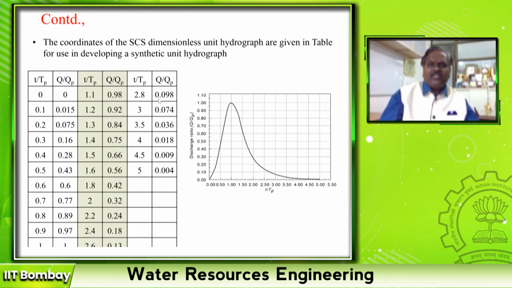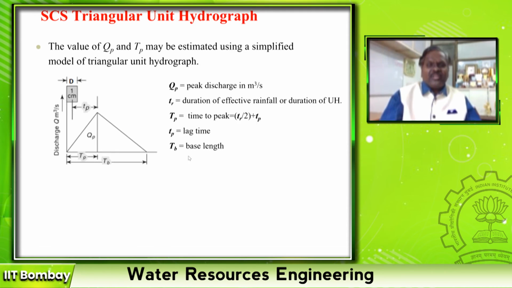So the coordinates of the SCS dimensionless unit hydrograph are given in a table for developing a synthetic unit hydrograph. For the same hydrograph which we have derived in the previous case, this is the synthetic SCS dimensionless unit hydrograph.